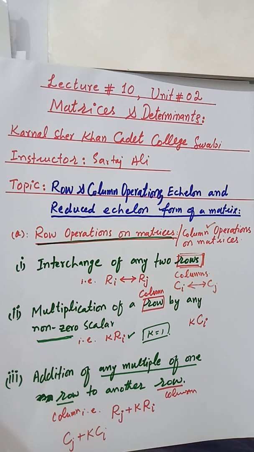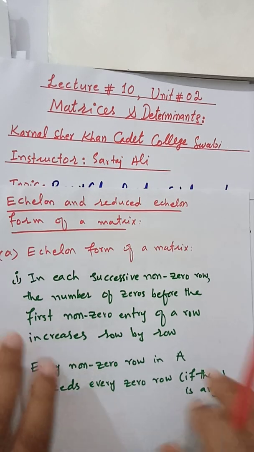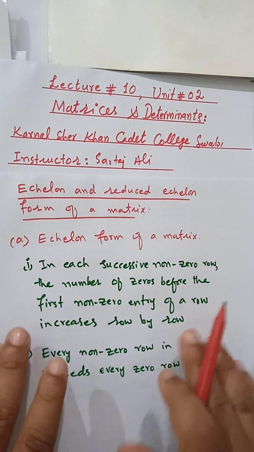So these are important row and column operations. You cannot do any other operation instead of these on a row or a column of a matrix. So what is the echelon form and what is the reduced echelon form of a matrix?